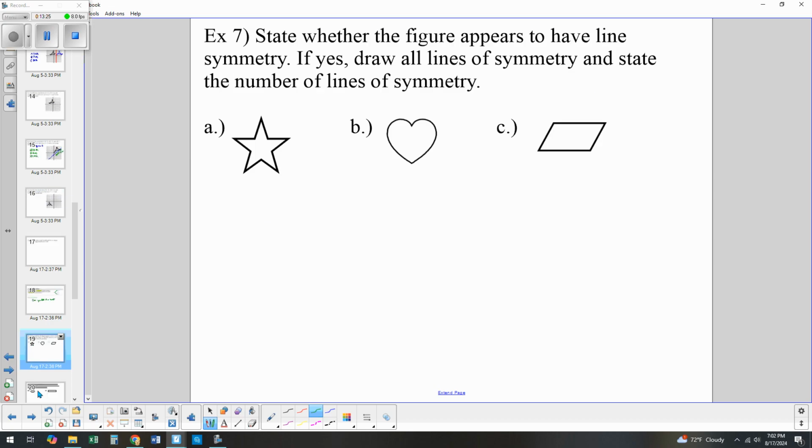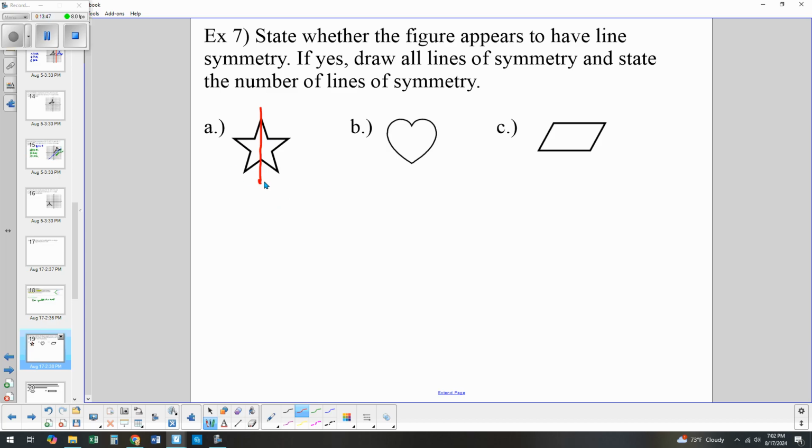So if I look at these examples, I want to determine if it appears that they have line symmetry. Sometimes you have to actually try to draw the lines to determine if you think it has it or not. So here, the most obvious way, it looks like this. And it does look like we have the same exact thing on both sides. So there's a line of symmetry. But this star has 5 equal points.